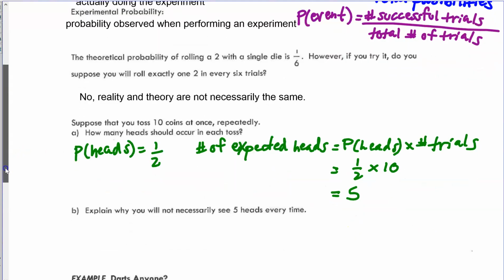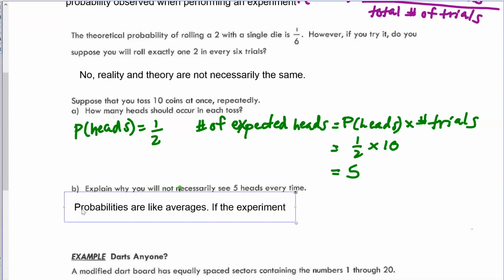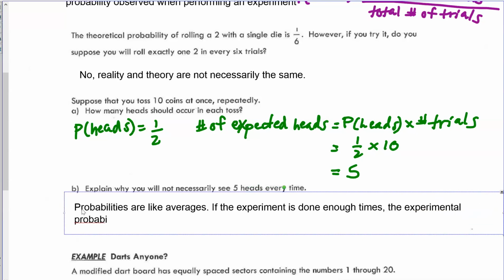All right, but why might we not necessarily see 5 heads every time? So probabilities are like averages, okay? So if the experiment is done enough times, the experimental probability gets closer to the theoretical probability.